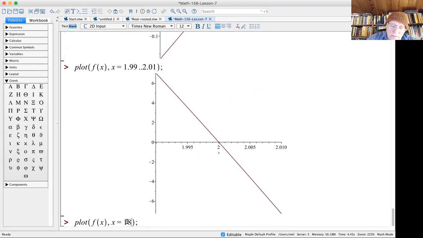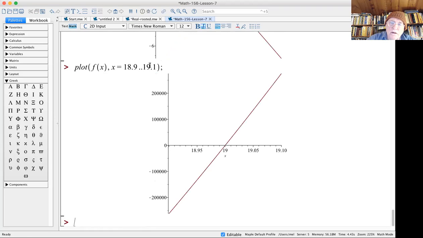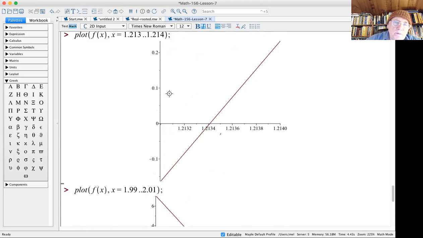So let's just plot it from 18 to 20 and see what happens. So maybe 18.9 to 19.1. Yeah, it looks like there's one very close to 19.